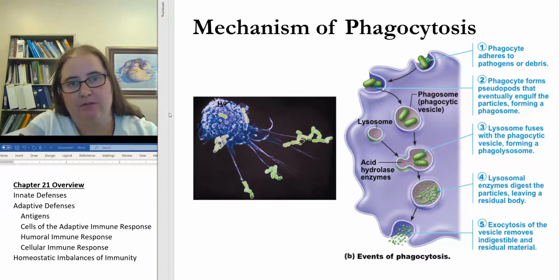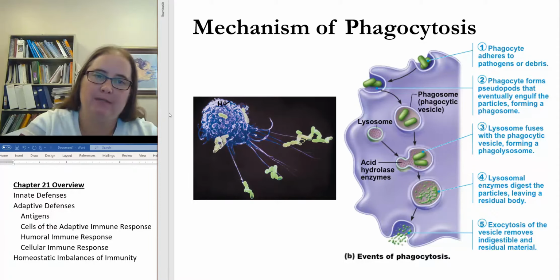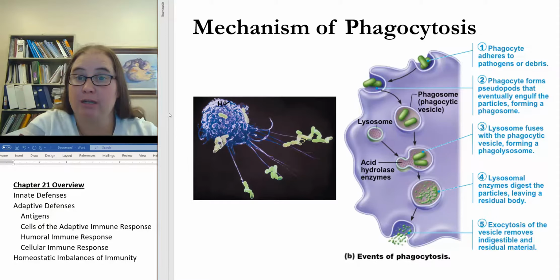So here's, for example, a cytoplasmic extension. We bring it back. Here's this bacteria right here, and we're going to envision that this is the bacteria over here. What happens is this macrophage will, through an endocytosis process, engulf this pathogen, this bacteria or whatever it might be.